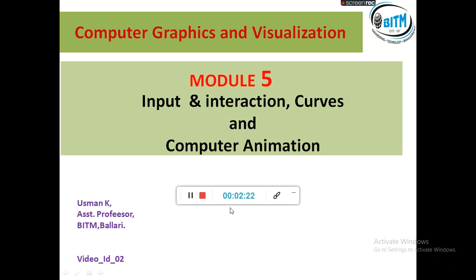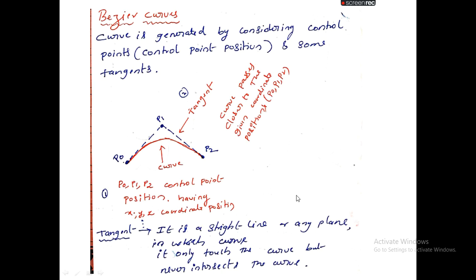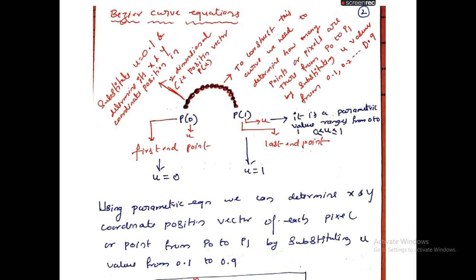Assume that a problem is given based on the Bezier curve concept, and we would like to solve it. The simple definition we learned: a Bezier curve can be generated with the help of control points and some tangents. We also discussed the Bezier curve equation.